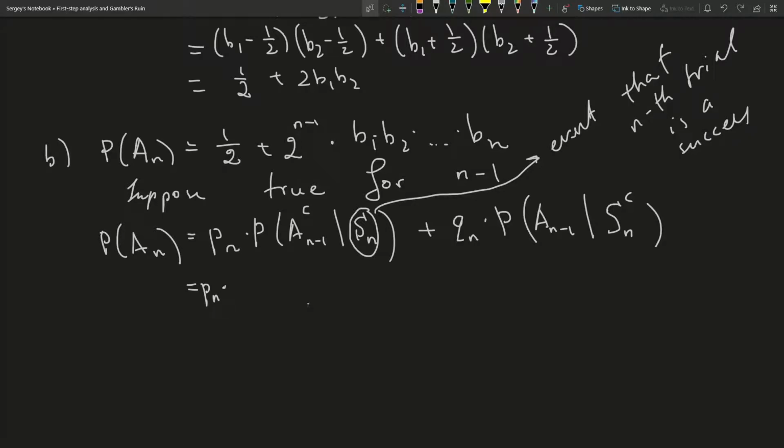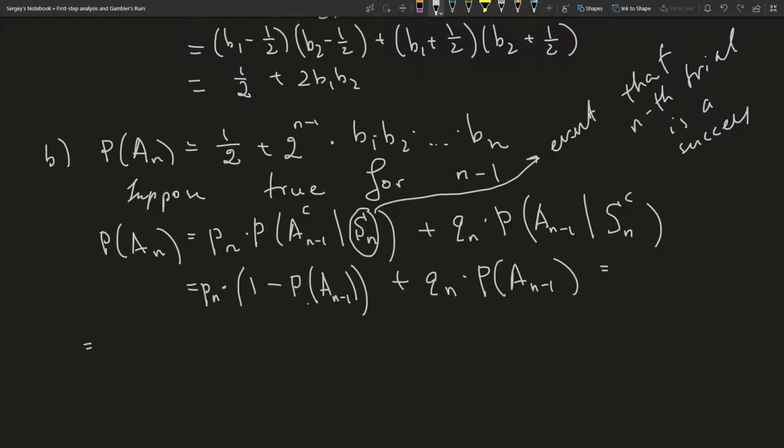We have p sub n times, and notice that by the inductive hypothesis, we know what P of A sub n minus 1 is, and A sub n minus 1 is independent of the nth trial. So this just becomes p sub n times 1 minus the probability of A sub n minus 1, plus q sub n times the probability of A sub n minus 1.